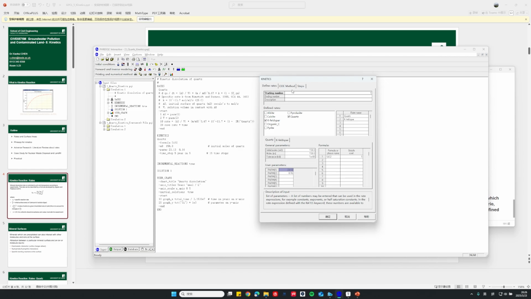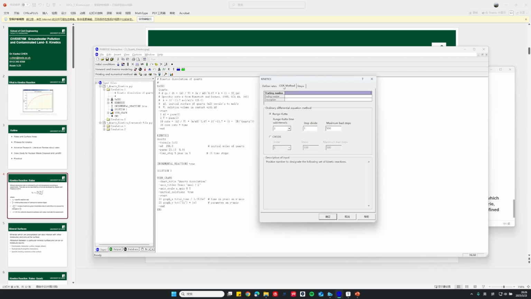Okay. Now let's move to the second page, which is the ODE method. For this page, I wouldn't suggest you go much further. Do not make much change. If you are familiar with mathematics, you will know it's the Runge-Kutta method, which is a way to do numerical simulation, because the reaction rate is actually a kind of ODE.